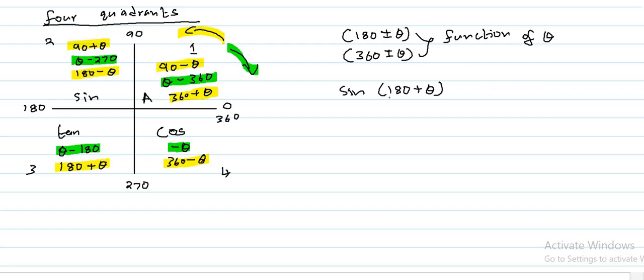So when we come to the reduction formula, we are saying when you see 180 plus theta, you must check which quadrant this is. It is quadrant number 3. Then is sine positive or negative? Sine is negative. So since we said that 180 plus theta can be written as a function of theta, this will be negative sine of theta.